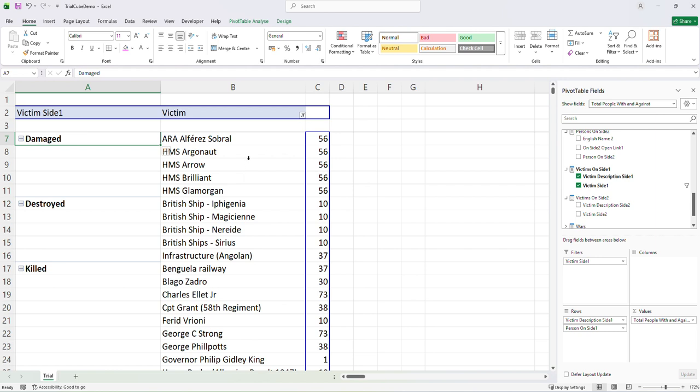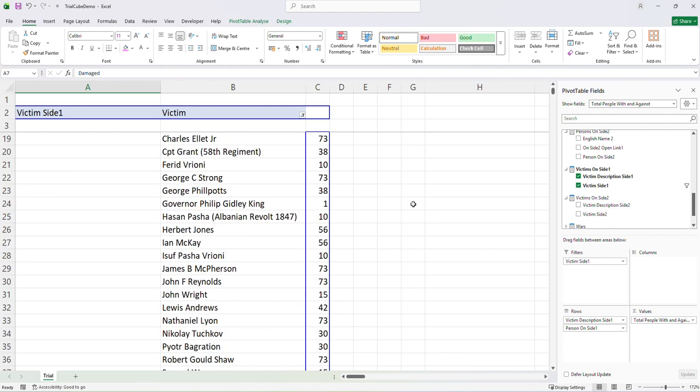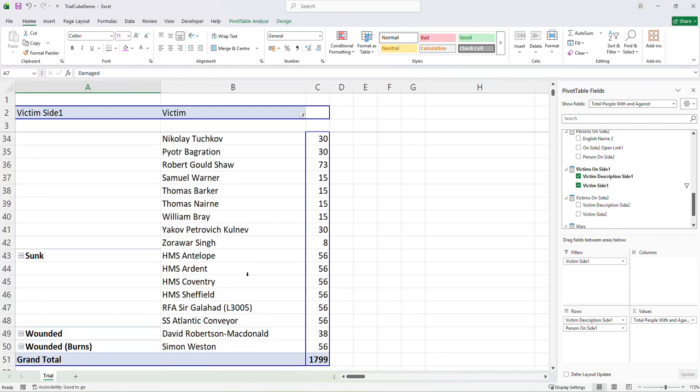I thought it would be worthwhile to show these ships as victims as well, or the fallen heroes of the war, because it was more like a naval battle, and some of the ships were lost or damaged. And here you can see some people wounded, and Mr. Simon Weston was wounded, he got burnt.